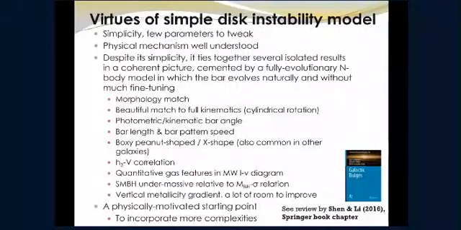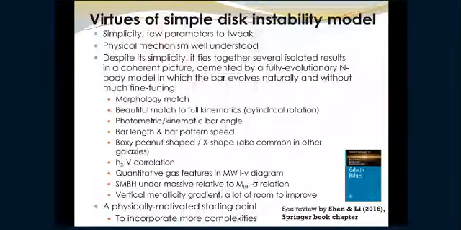So I'm going to quickly summarize. Basically I try to tell you that a very simple disk instability model, with fewer parameters to tweak, and with a physical mechanism in this bar model that is very well understood, despite its simplicity ties together several isolated results in a coherent picture.